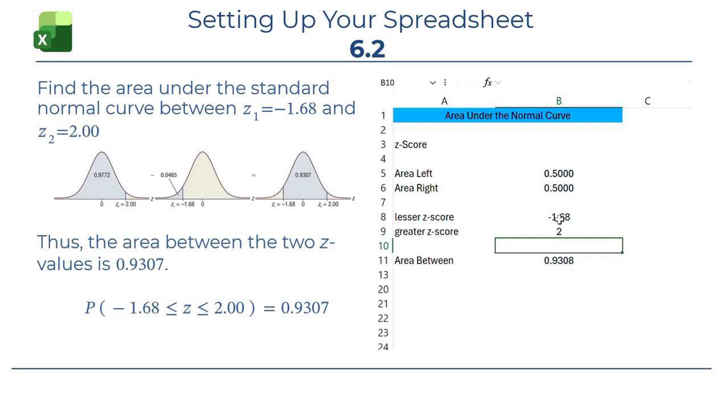Now, I want to point out something to you. On the picture, you can see that the calculated area is 0.9307, and I got 0.9308. Neither one of those is incorrect, and Hawkes will accept both of those.